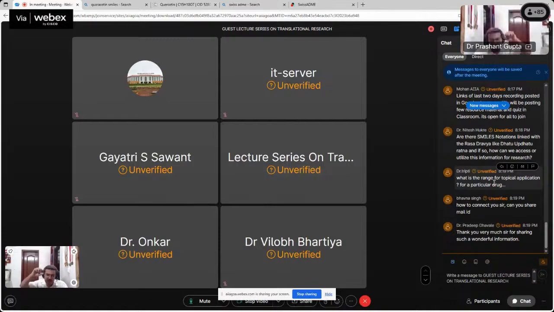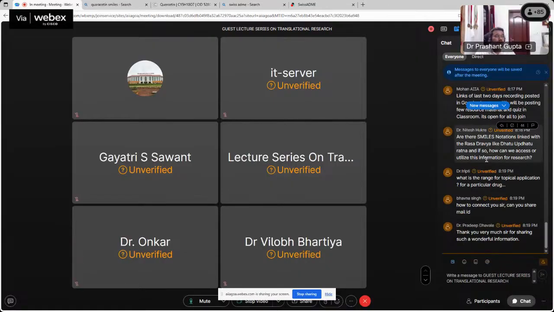We can keep this particular type of metal into the docking or dynamics, but ratnas I have not attempted. I'll ask my Russian fellows how we can incorporate or introduce these things into the computation.